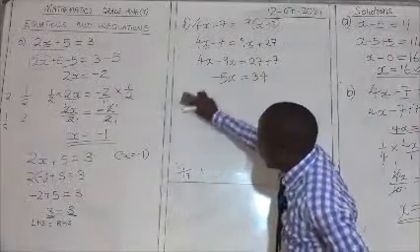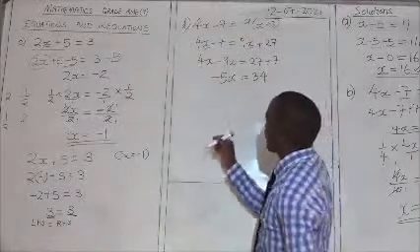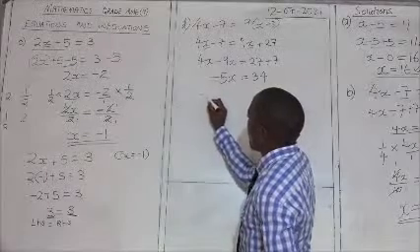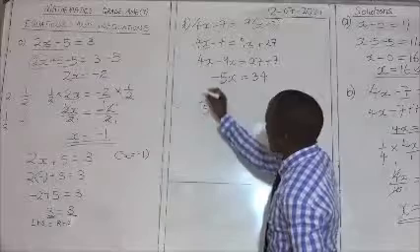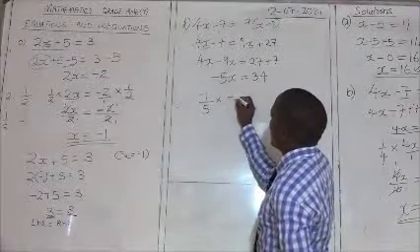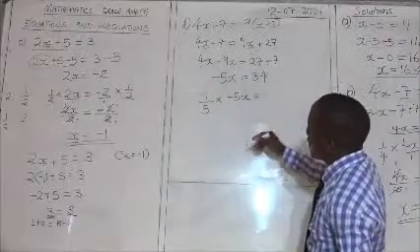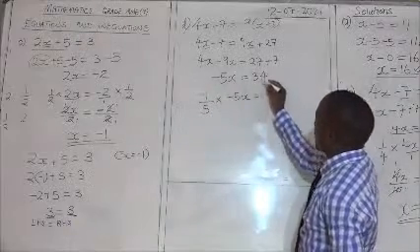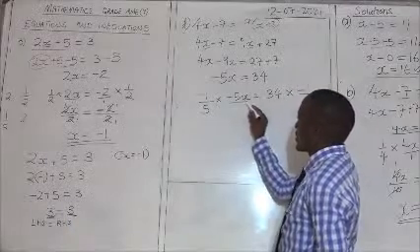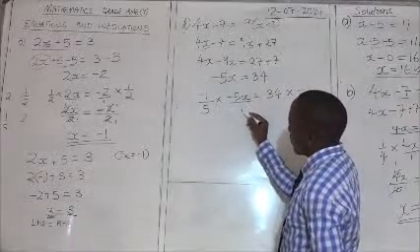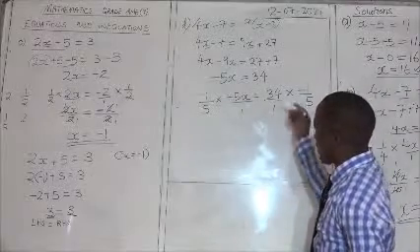Okay, so here we are dealing with negative 5x. The multiplicative inverse of this one is negative 1 over 5. So we say negative 1 over 5 times negative 5x. What we have done this side, we should do the same the other side. Here we have negative 5x, and this 34 is just over 1.